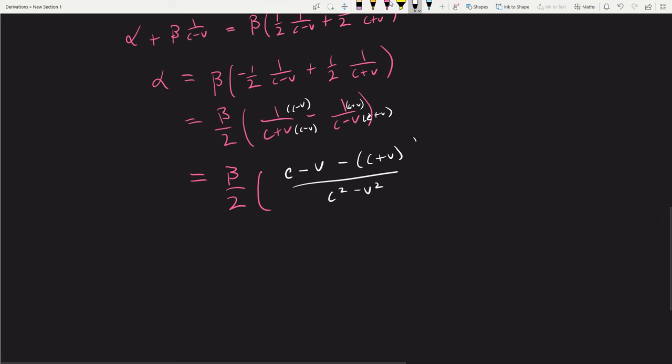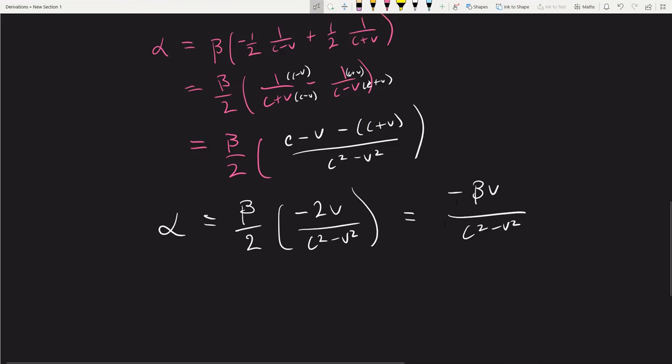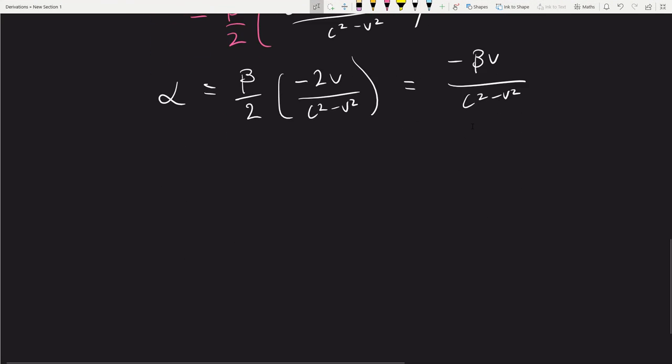Okay, and then of course C minus C is 0. We get beta over 2, and then minus 2V over C squared minus V squared, which equals negative beta V over C squared minus V squared. So cool, we have a definition of alpha that pertains to beta directly.